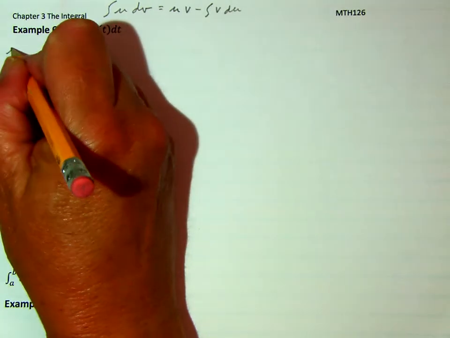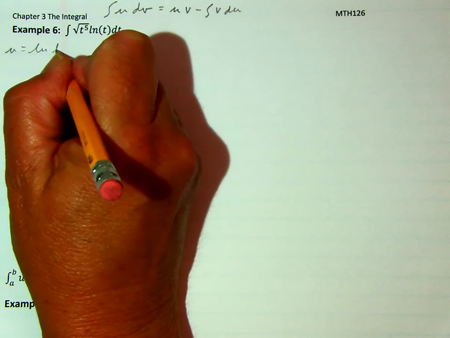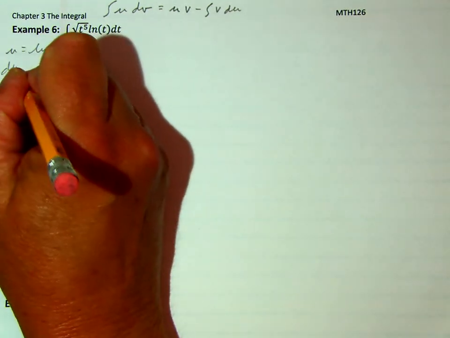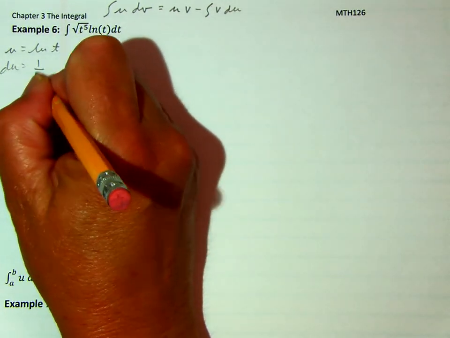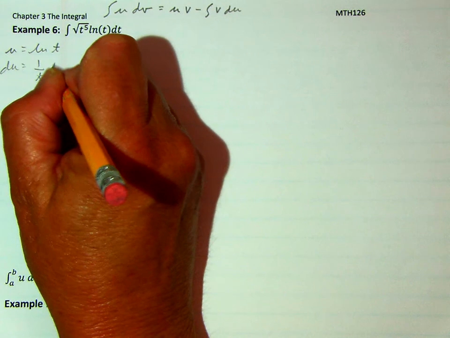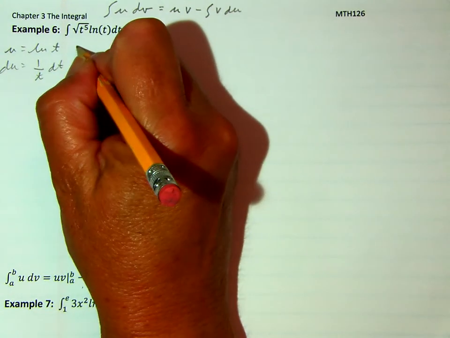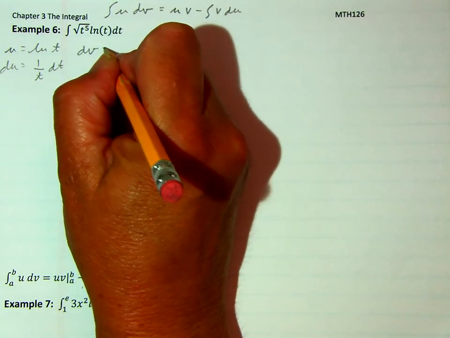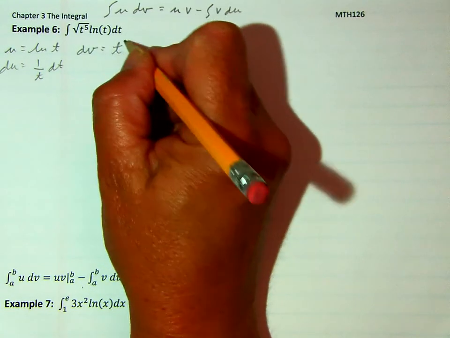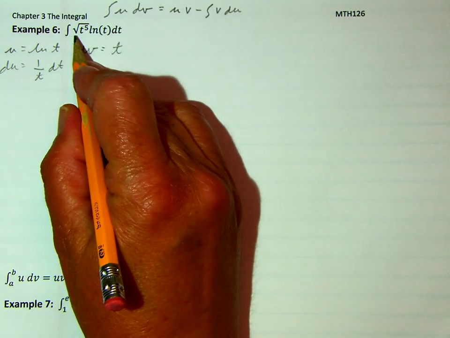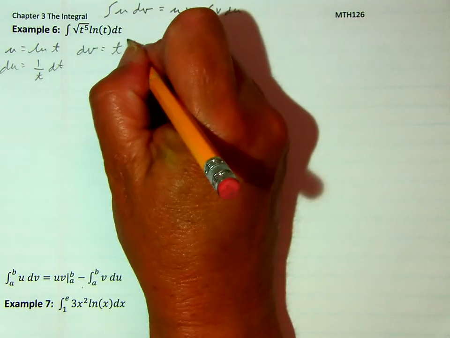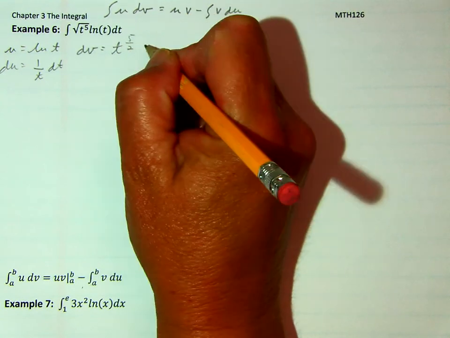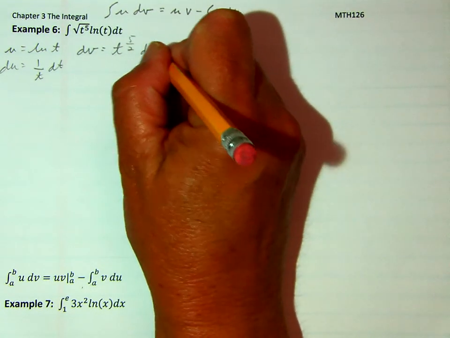So u would be ln t, so du would be 1 over t dt, and that leaves our dv to be t to the, remember, square root is a fractional exponent, so t to the 5 halves dt.